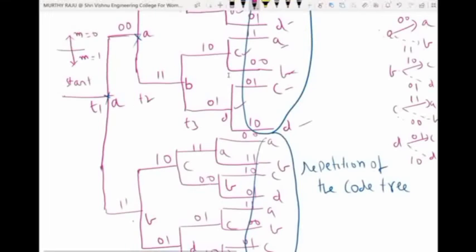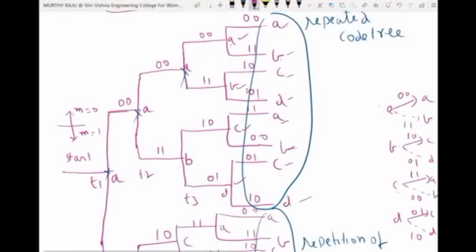Next, consider B to C and B to D with M value 1 in the upward direction. Solid line represents M equal to 0, dash line represents M equal to 1. B is the current state, C is the next state with output 1 0.